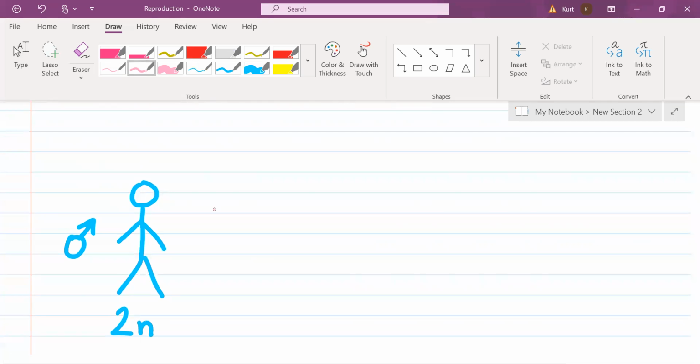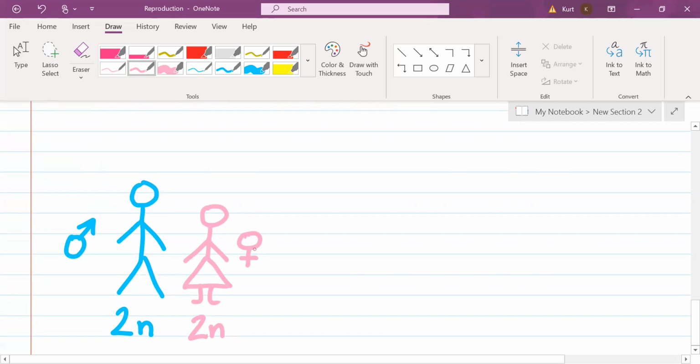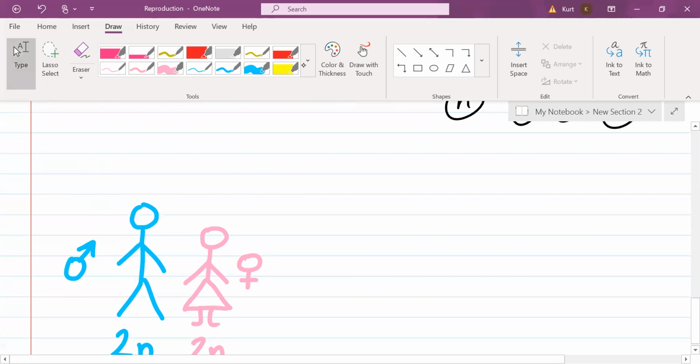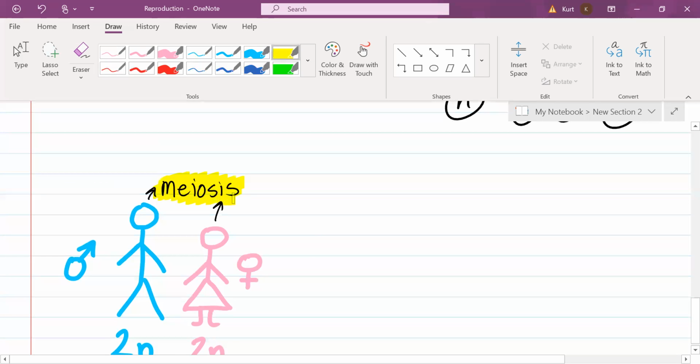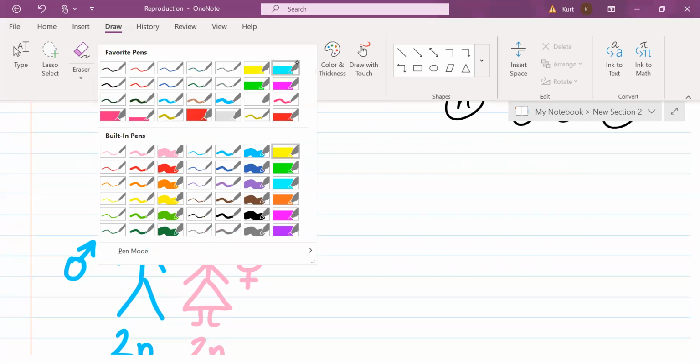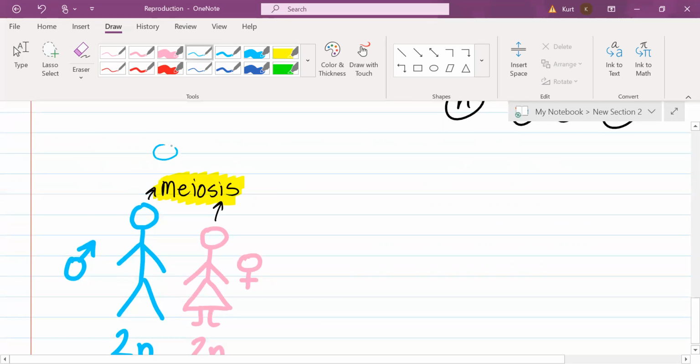And here we have a female. She is also diploid. Well, through the process of meiosis, and only meiosis, and this is the only time meiosis will be mentioned in this diagram, the male is going to produce sperm cells.